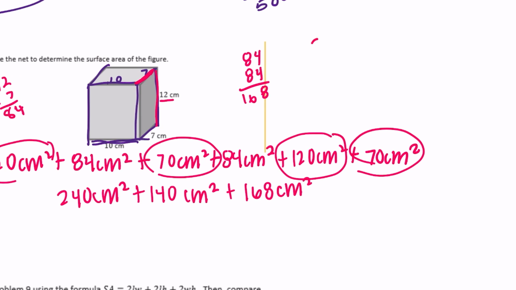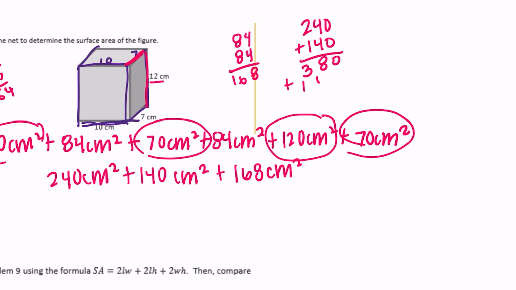Let's do 240 plus 140 plus 168 is 548 centimeters squared is the total surface area.